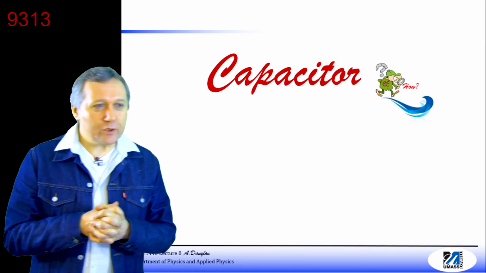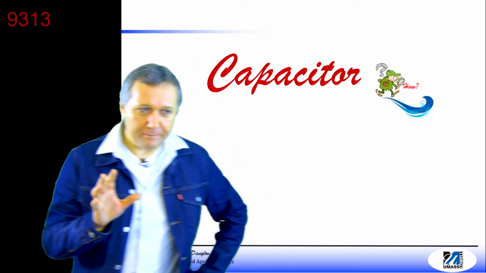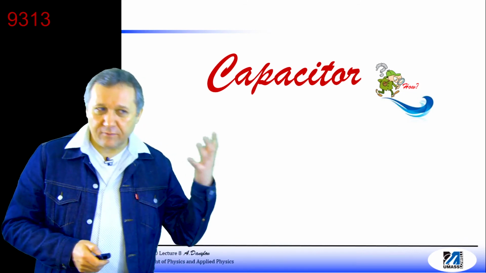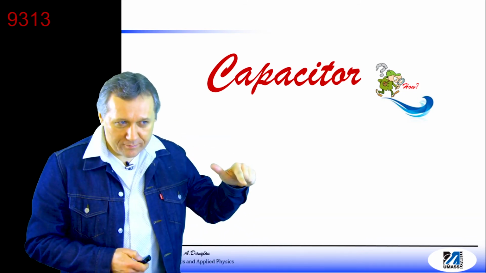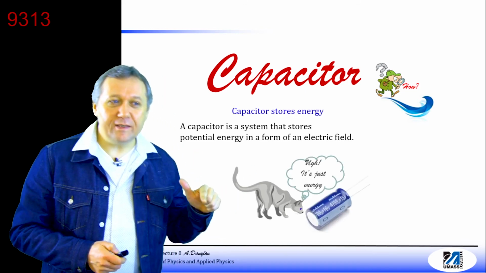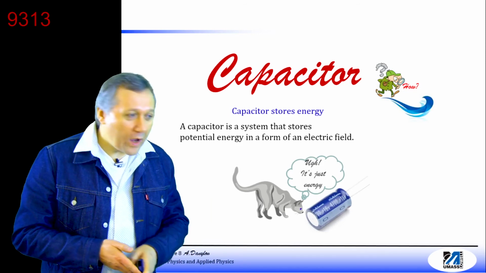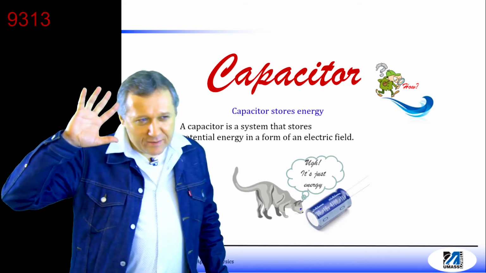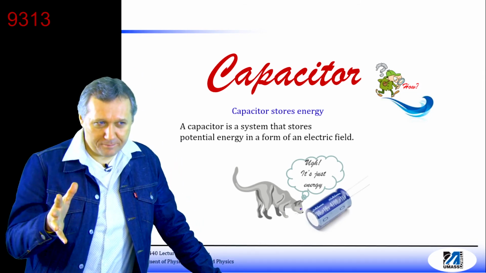But you know what? I usually prefer to state the major role of a capacitor in a slightly different way, and I will explain why. I usually say a capacitor is a device which allows us to store energy in the form of the electric field. Why do I prefer this way? Because maybe in a month and a half, we will introduce inductors.